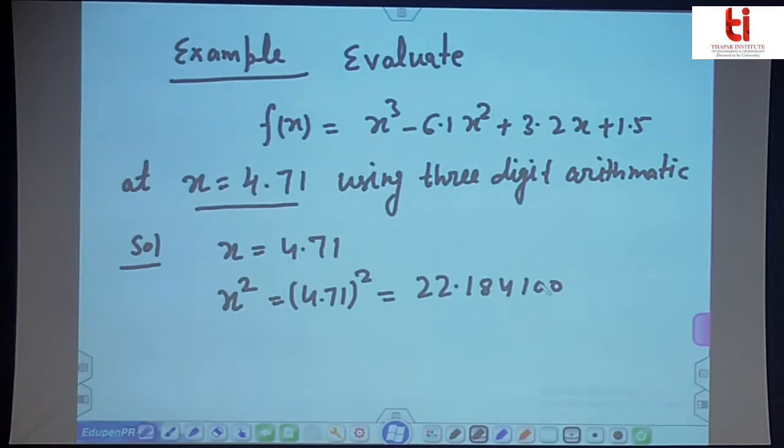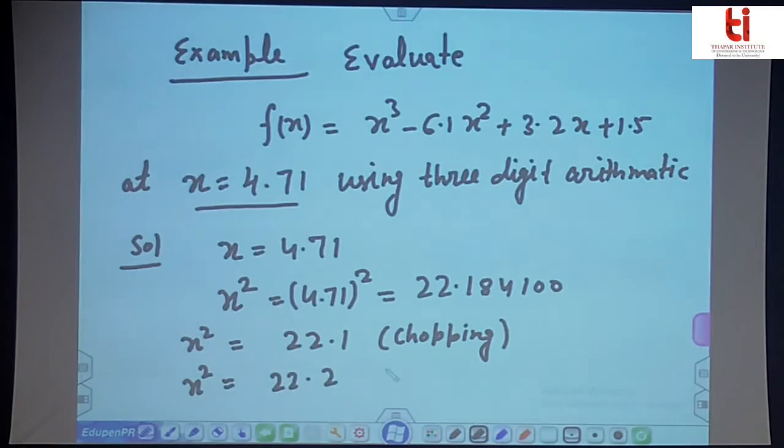We use 3-digit arithmetic, so x square will be 22.1 when using chopping, and x square equal to 22.2 when using rounding. Okay, chopping and rounding, the x square values.